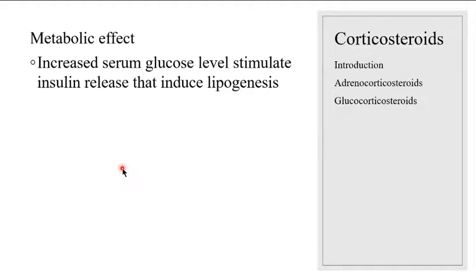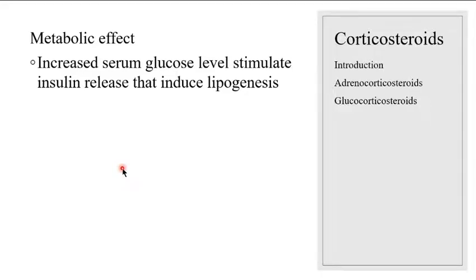When the level of glucose in the body increases, the body secretes a hormone known as insulin. But this time, the role of insulin is not to convert glucose to glycogen, but to promote lipogenesis, that is, formation of lipid molecules.